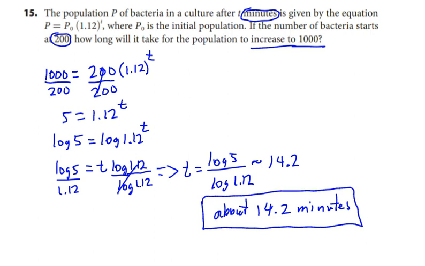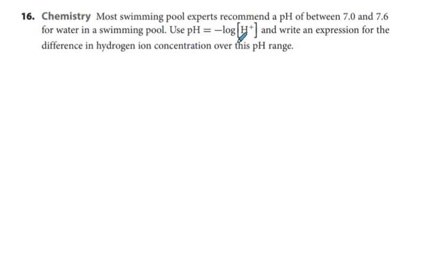Next problem, let me talk about 16 a little bit. Most swimming pool experts recommend a pH between 7.0 and 7.6. So what you do for this one is you want to find two numbers, one found from the 7.0 and one found from the 7.6.